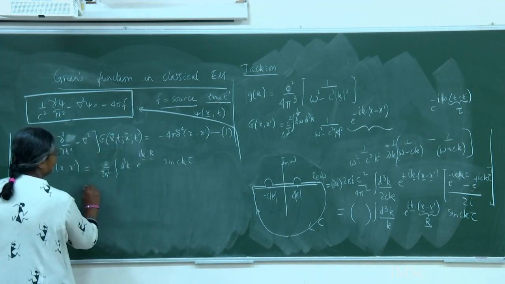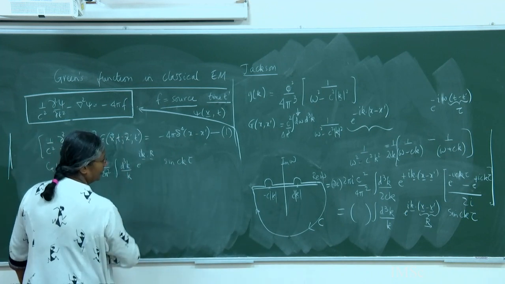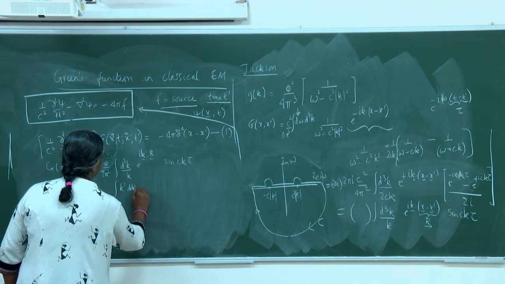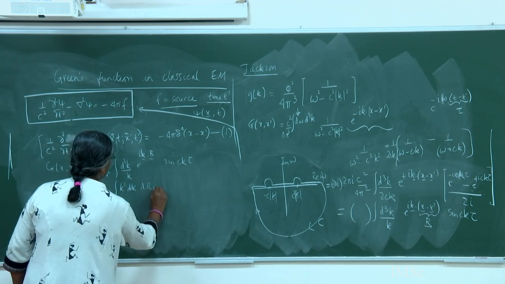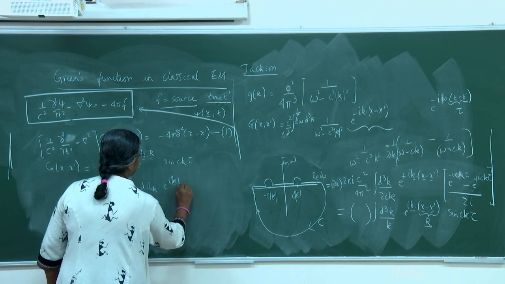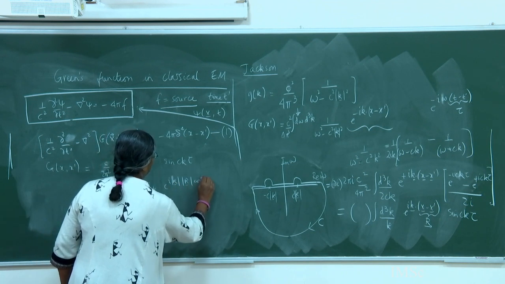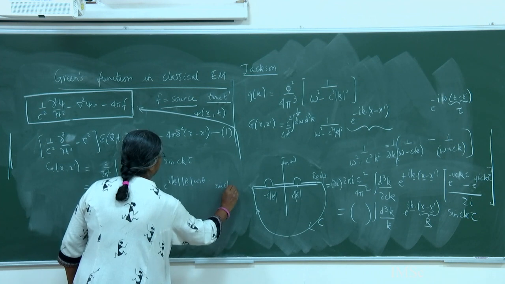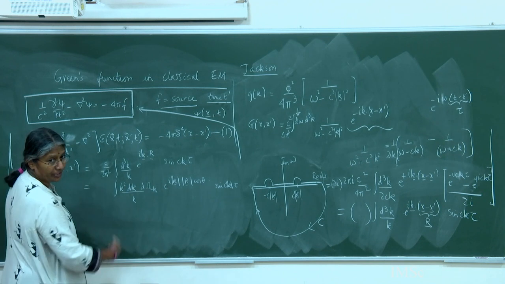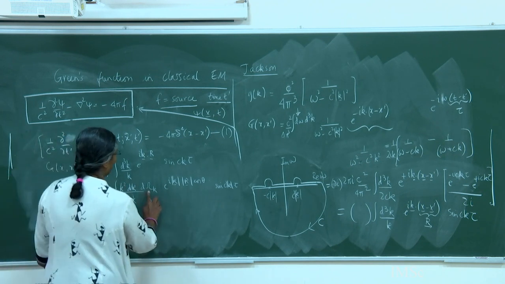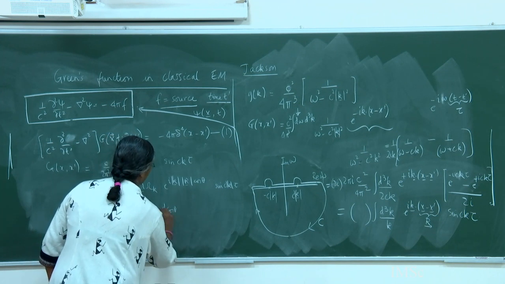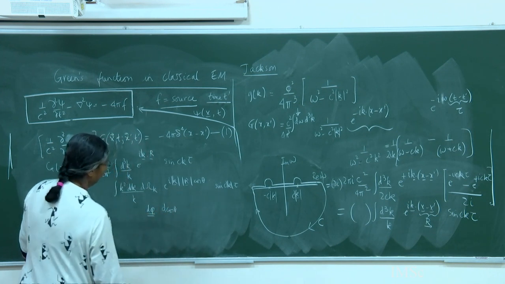Okay, now there was a 1 by k over there, right? So now I will write this integral as k squared dk d omega over k, e to the i k r cos theta, sin ck tau. This is the usual spherical coordinates. So what do I have here? This d omega is d cos theta d phi. D phi will simply give me 2 pi.